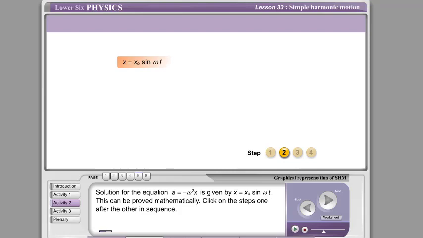x equals x naught times sine omega t. d/dt of x equals v equals x naught times omega times cos omega t. d square over dt square of x equals a equals negative x naught times omega square times sine omega t.